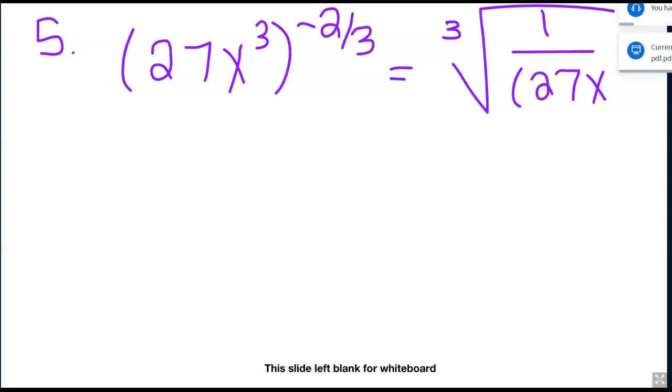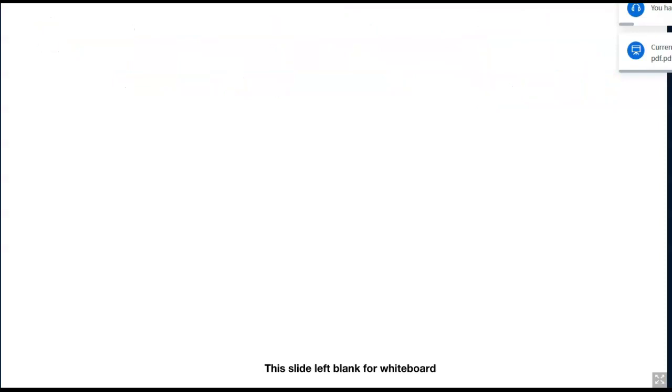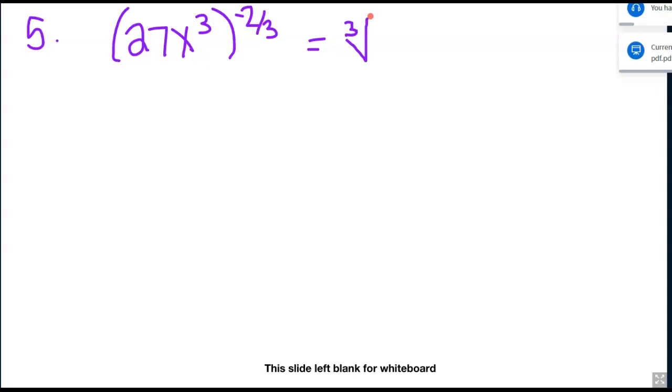Well, the order with which we multiply our exponents doesn't matter. So I could also say the 27x cubed to the negative 2/3 is the same as the cube root of 27x cubed to the negative 2 power this way.